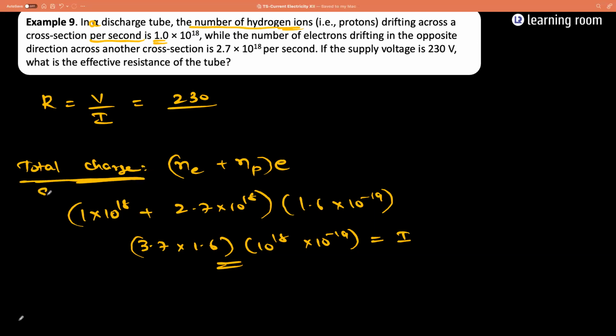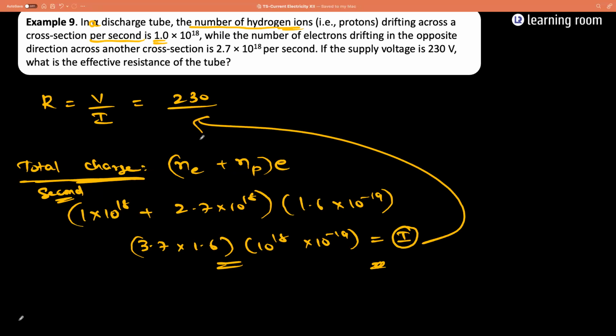It is the total charge per unit time. It is the total charge per second. Am I clear with this or not? Please get it clarified if there is any doubt. So once you calculate this value of I, take this value and substitute it here and calculate the effective resistance. So that part you guys can do it, right?